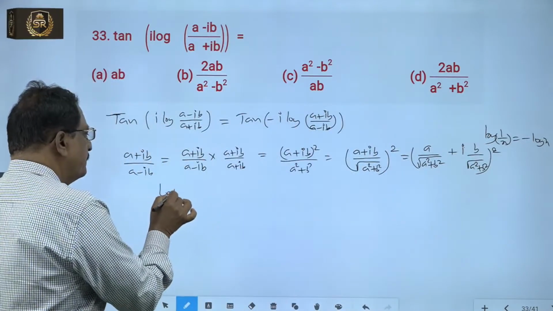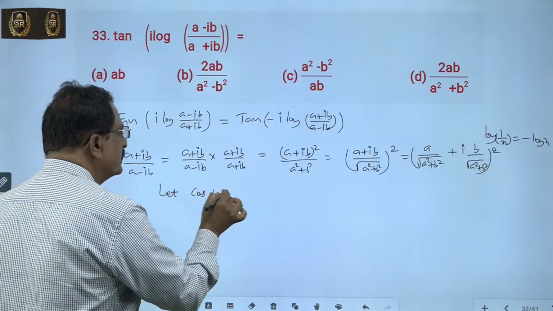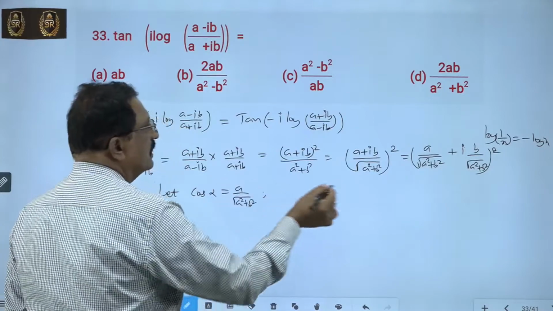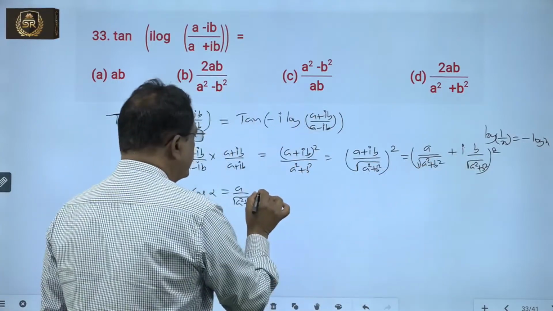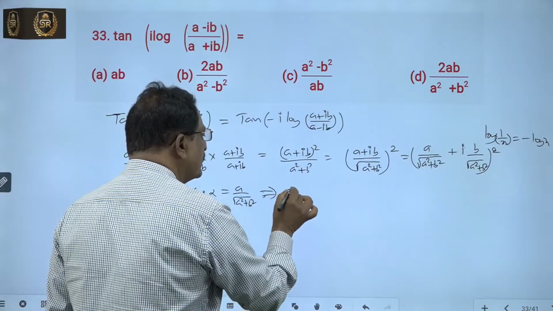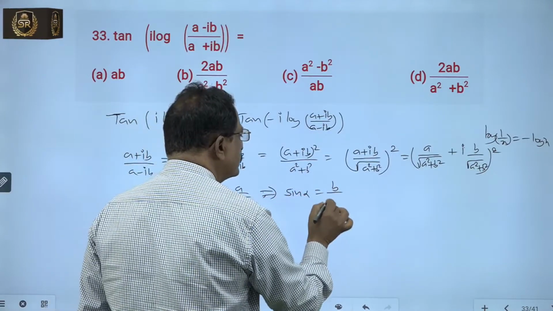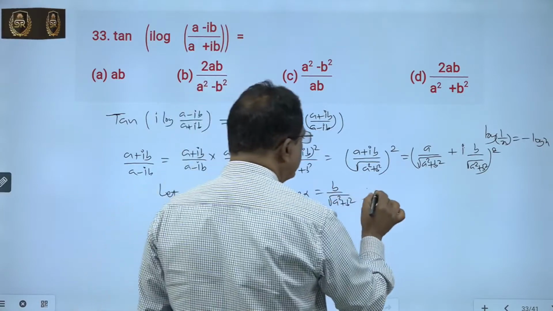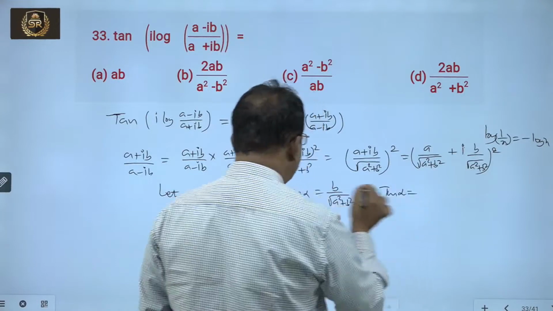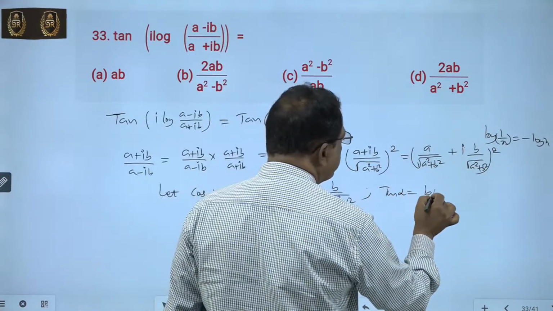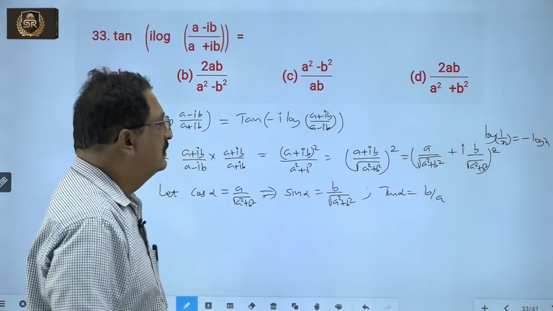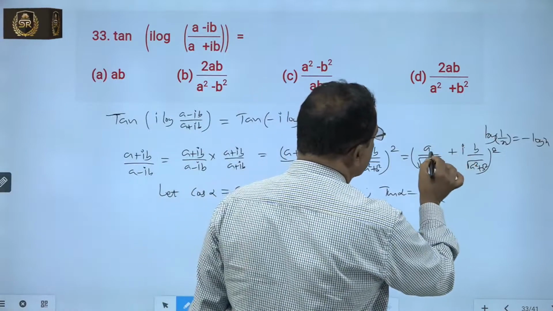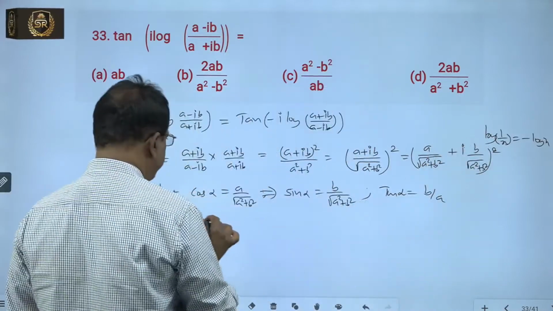Now let cos alpha equal A by square root of A square plus B square, and this implies we get sin alpha equals B by square root of A square plus B square, and tan alpha equals sin alpha by cos alpha, that equals B by A. Now this value equals (cos alpha plus i sin alpha) whole square.